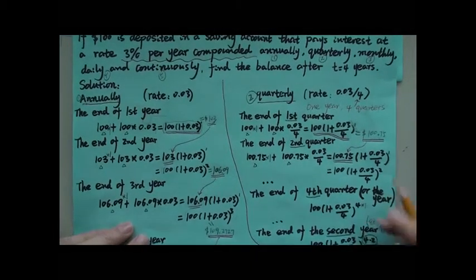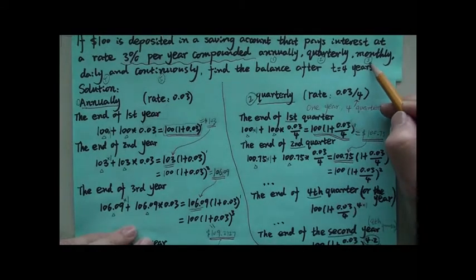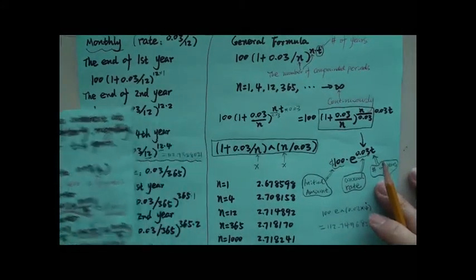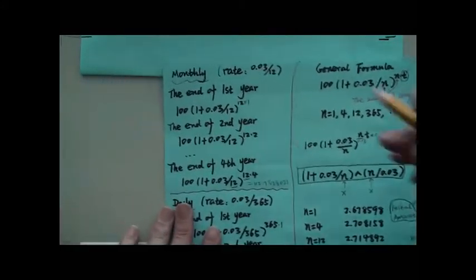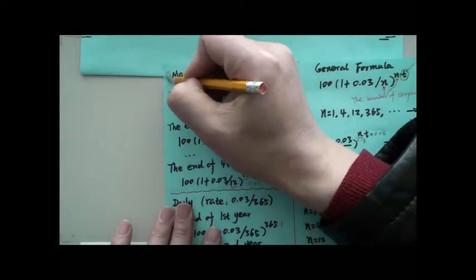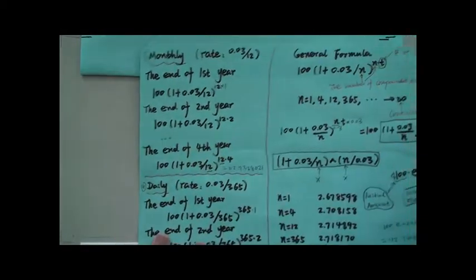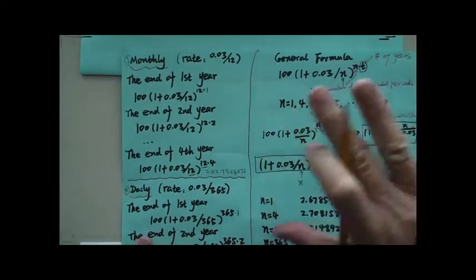Now, the third one we want to work on is monthly. That pattern would be similar. The third one is monthly. Let me mark here is 3. 4 is daily, and continuously will be on the right.